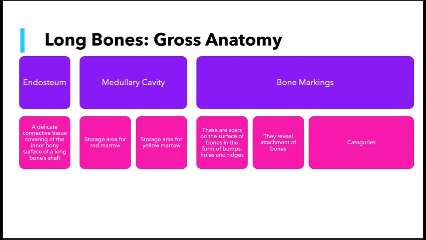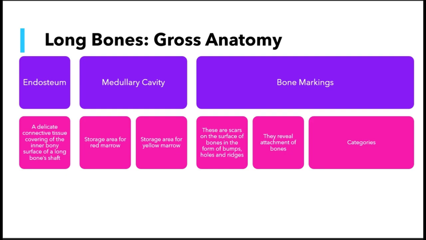The red marrow produces the blood cells, but we also have your yellow marrow, which makes up the fat cells. So in adults, the red marrow is confined in the cavities in the spongy bone of the axial skeleton, such as in hip bones and the epiphysis of long bones. You have your humerus and femur.